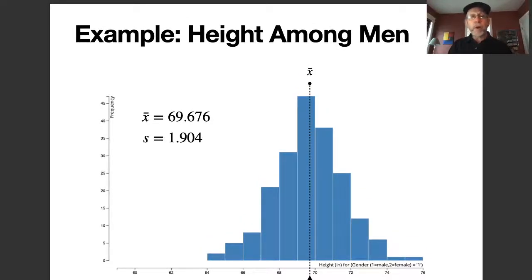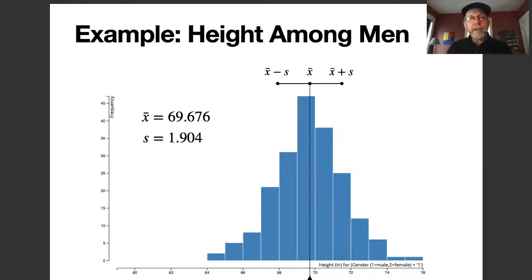So there's our X bar. What's done a lot of times is that you simply look at one standard deviation to the left of the mean and one standard deviation to the right. So I've marked that off here. The vertical line there on top stretches from the mean minus one standard deviation to the mean plus one standard deviation.